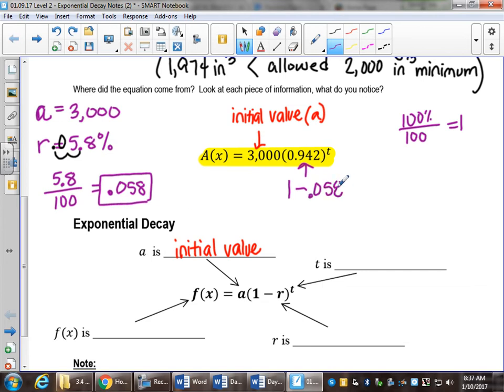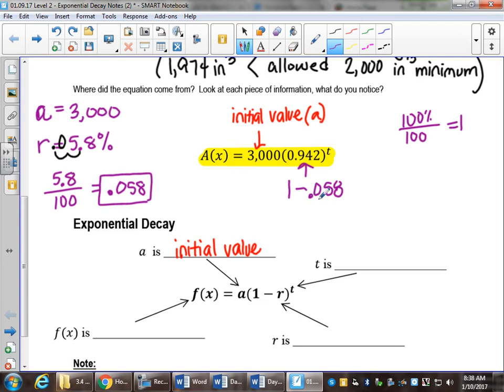So right now in your calculators, please do 1 minus 0.058 and see what you get. And when we do that, we get our 0.942. So don't just listen to me say that.